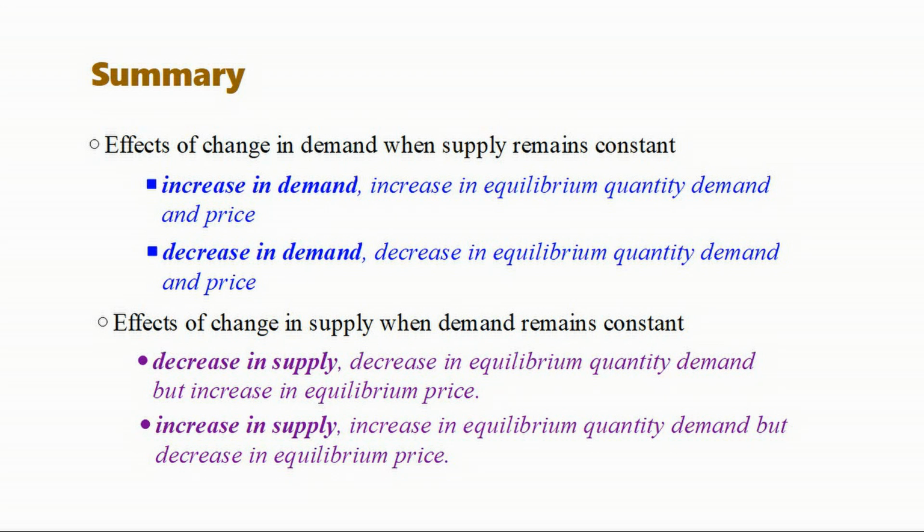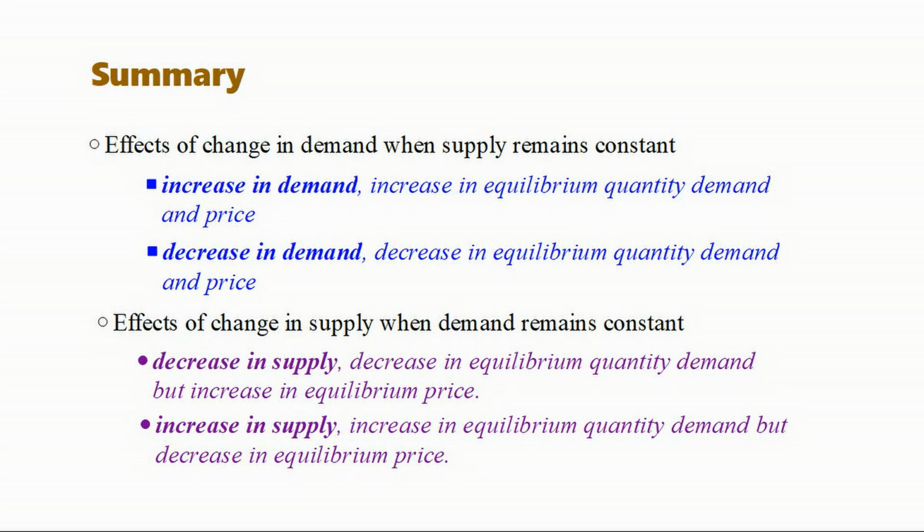The other situation is when there is a decrease in demand, it will result in decrease in equilibrium quantity and equilibrium price. When the demand in the market is lower, it's obvious producers will be forced to sell their product at a low price. This is the impact that you have when there is decrease in demand in the market.